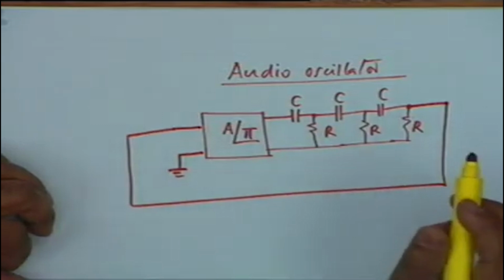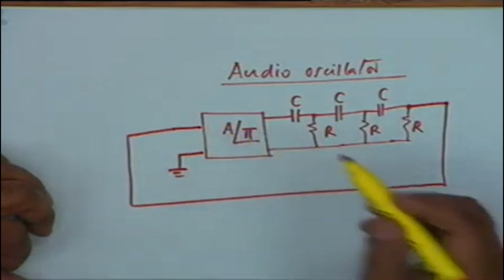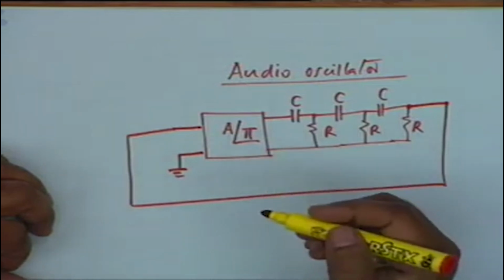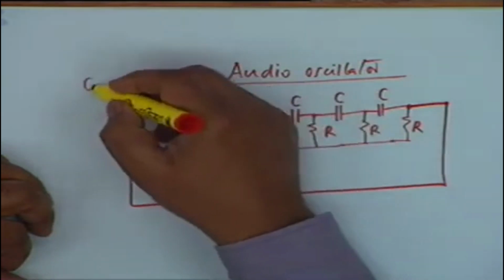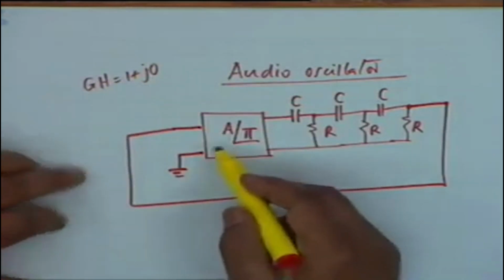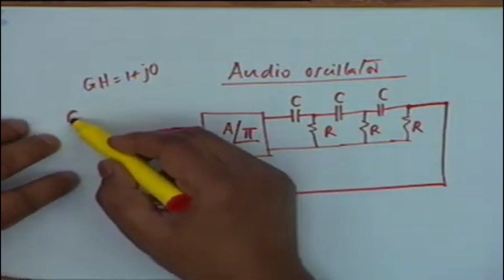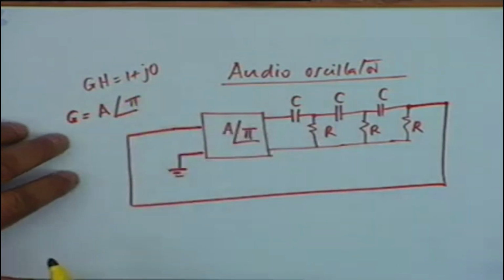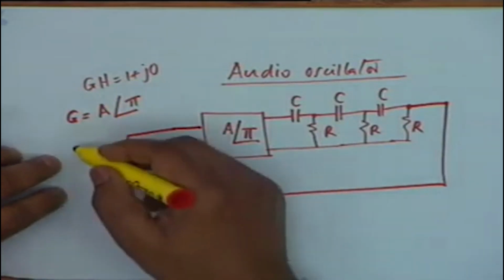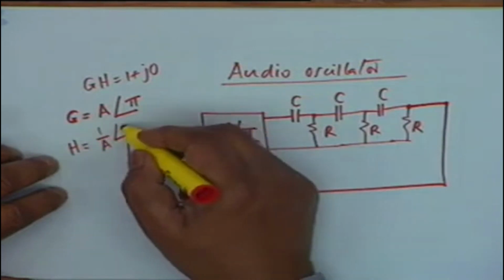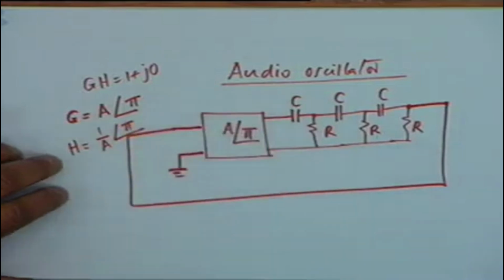Now the reason is the following. We have assumed that this amplifier has a gain A and a phase shift of pi, and therefore if you want GH equal to 1 plus j0, G is obviously A angle pi. If you want to make GH equal to 1 plus j0, what do you require H to be? H must be equal to 1 by A and angle pi.